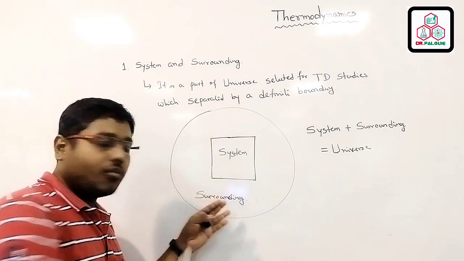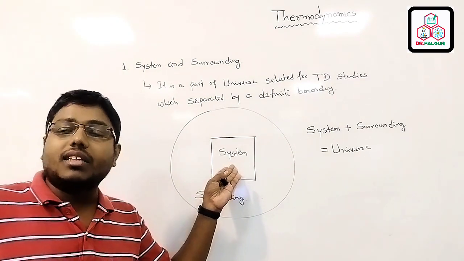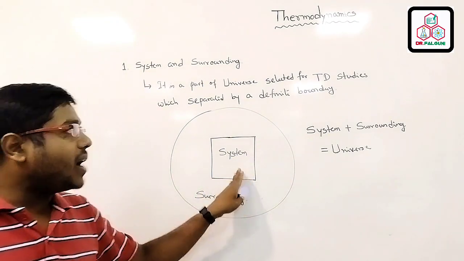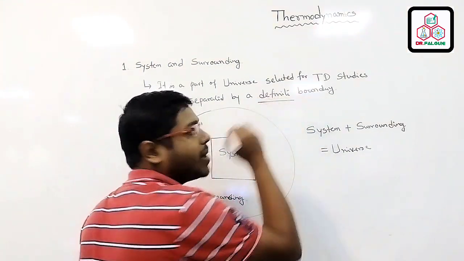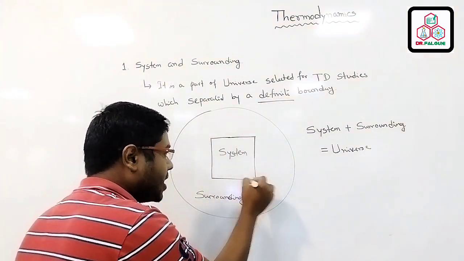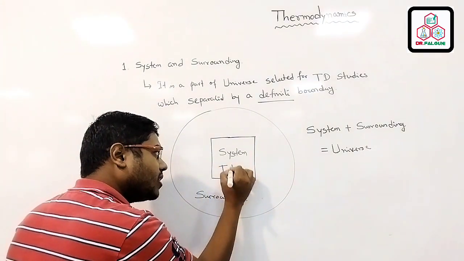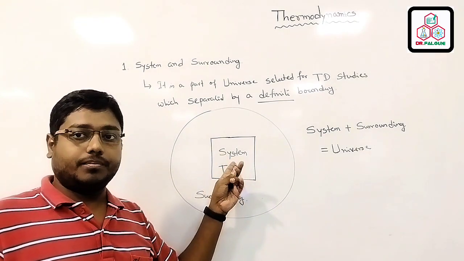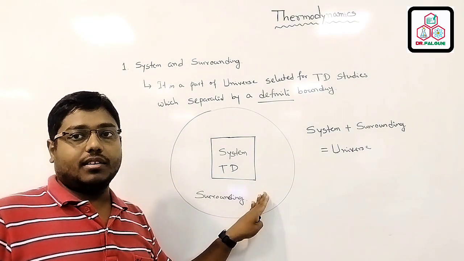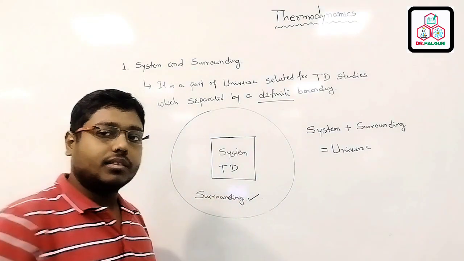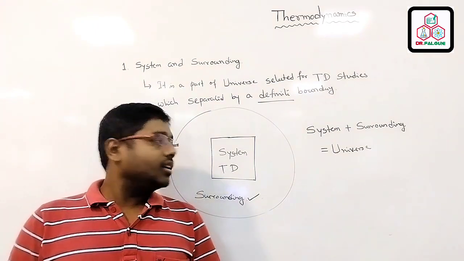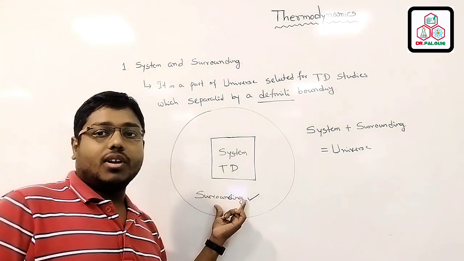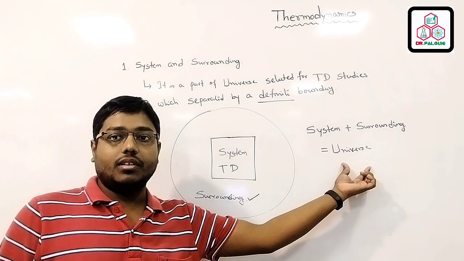So this is the system where we can study the thermodynamical property, and which is separated by a definite boundary. We study the thermodynamical property inside the boundary. This is called system, and the rest of the part is called surrounding. System and surrounding together is called universe.